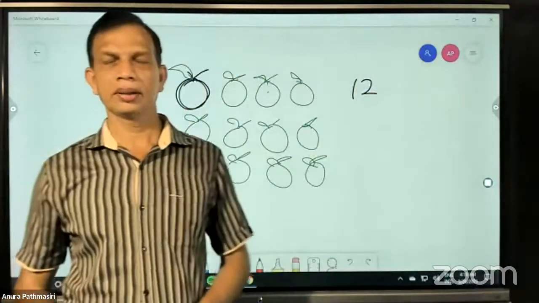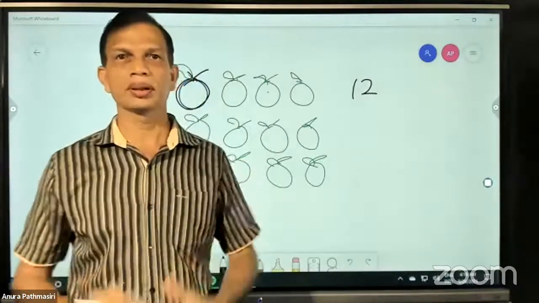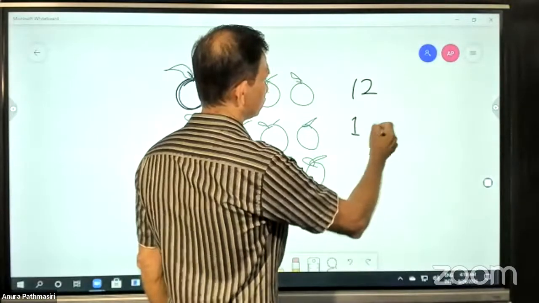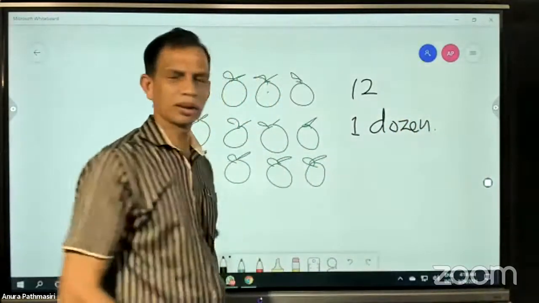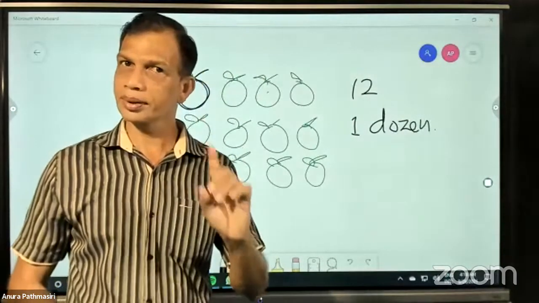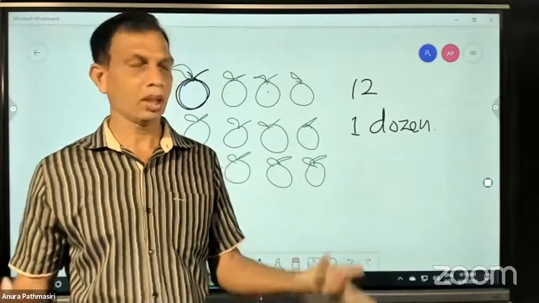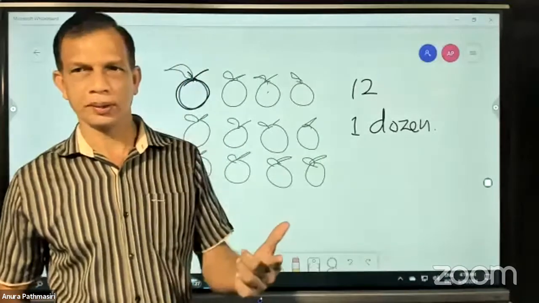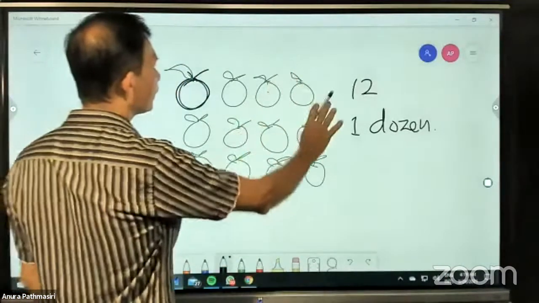If I can have a unit for that, how much is that? 1 dozen. How many dozens are there? One. How many pieces of oranges are there? 12.